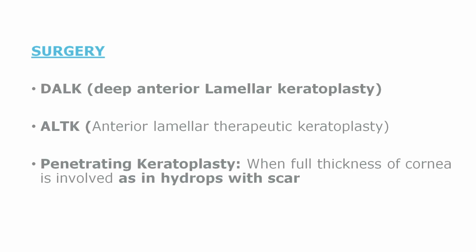Now there are three types of surgery that we can do in a keratoconus patient. One thing that I told you, that let's say there is a hydrops, then we can take the whole cornea and put the new one. That is called penetrating keratoplasty or full thickness keratoplasty. But what is peculiar in keratoconus is that only the stroma is involved here.